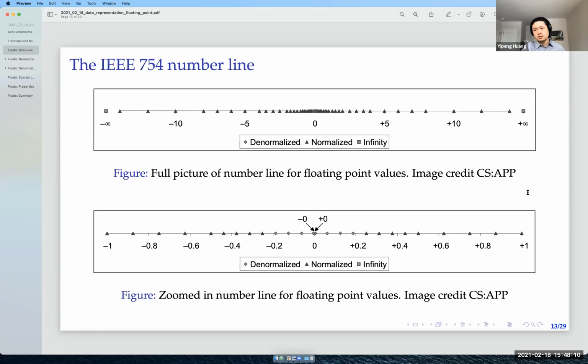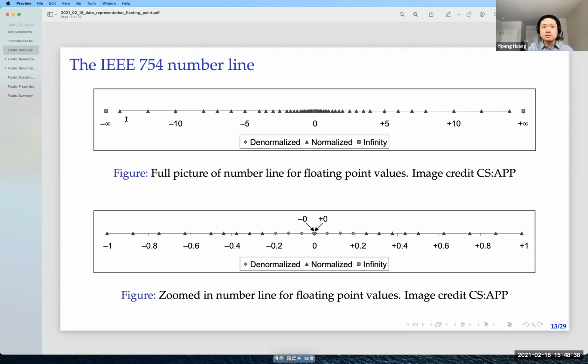Okay. So the thing I want to emphasize here, right? This is not exactly the real number line. There are many real numbers that exist that do not have an encoding in floating point representation. For example, far out, when the range is really big, the precision is not very high.